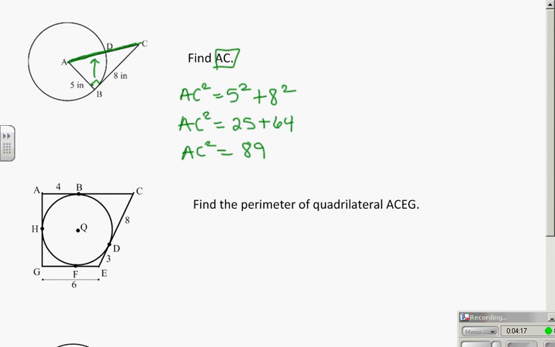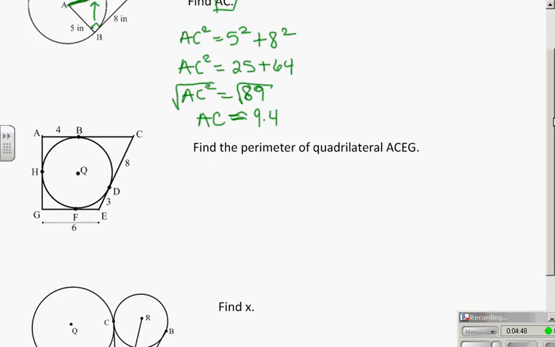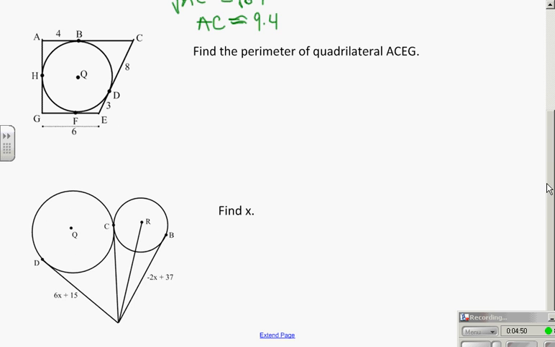AC squared is 89. Take the square root to find what AC is. It's about 9.4. We don't have to consider the negative value in this case. Remember, when we take the square root, we always get plus or minus. But since AC is our length, we only need the positive value.